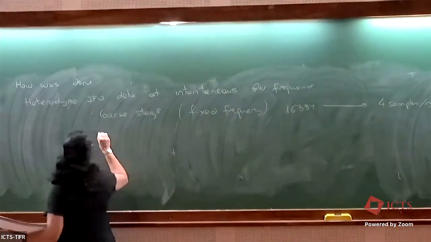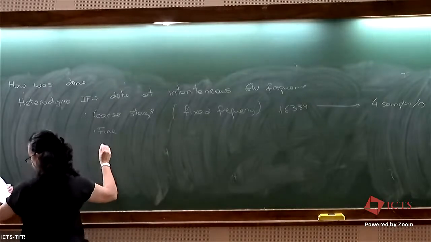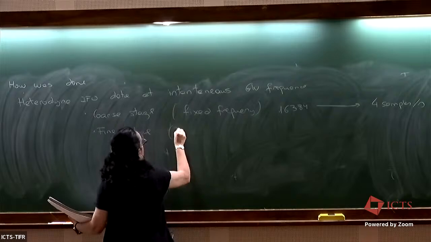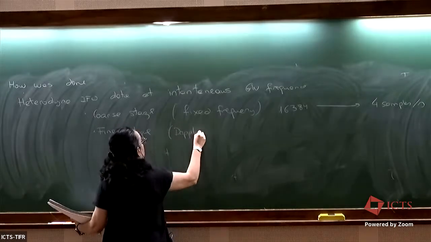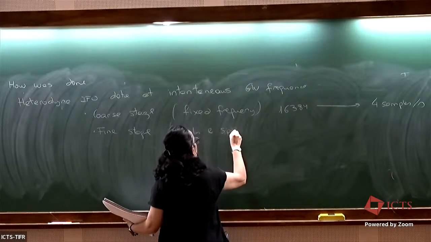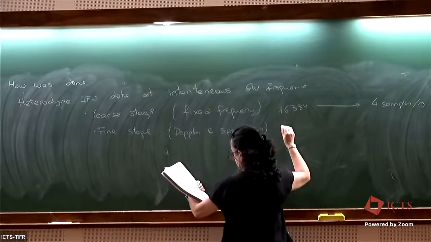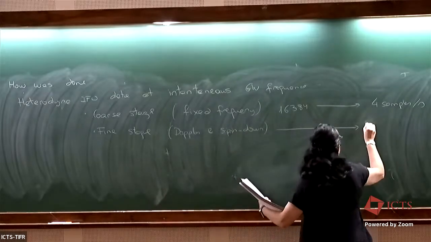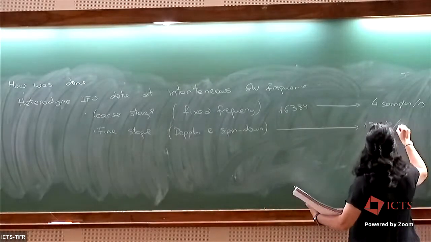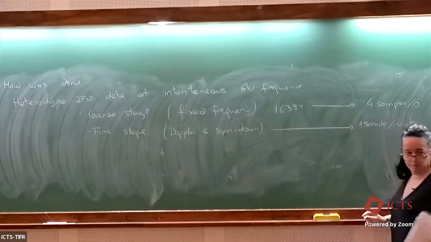And then there was a second stage of heterodyning, the fine stage, that now included the Doppler and the spin down, that would then convert the data to one sample per minute. This will be my data.